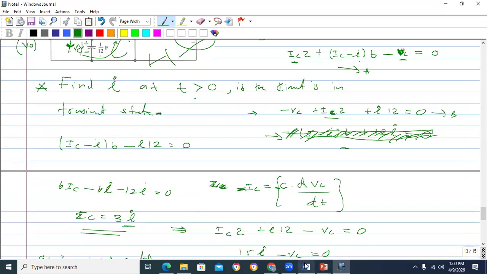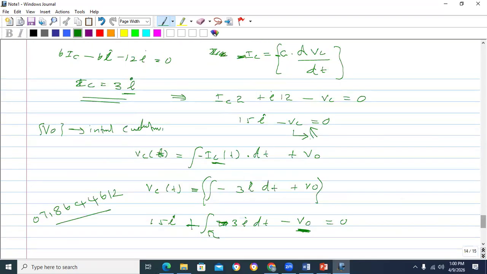Now we will move to the S domain question, because you can get very easily around 15 marks. Very easy one. What you need to remember is, if it is a resistor, the resistance is R. If it is a capacitor, its resistance is referred to as reactance.